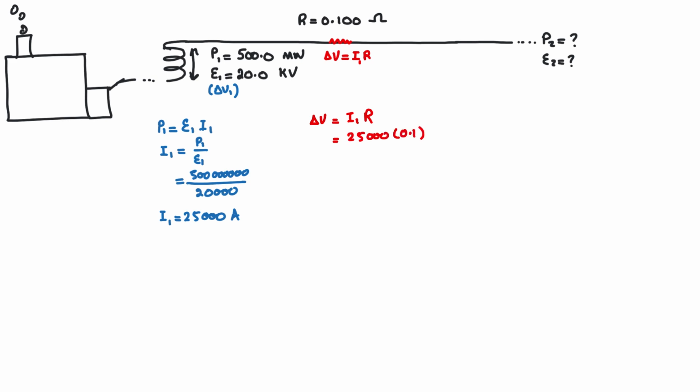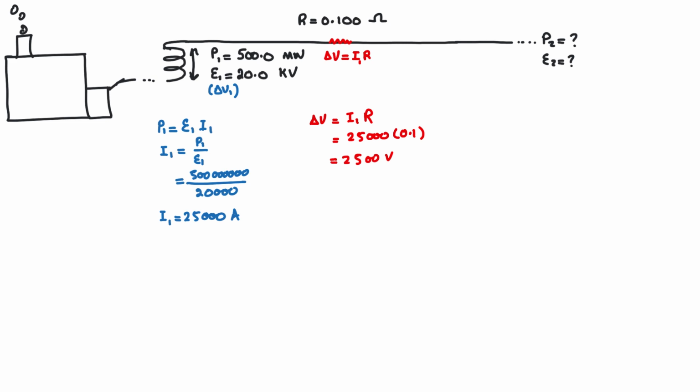R is 0.1. That would mean I have to move the decimal point by 1, and I am going to lose this much potential when my electrons are moving from here all the way to here.